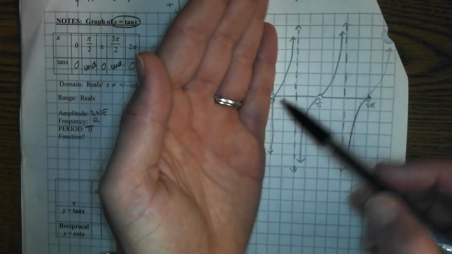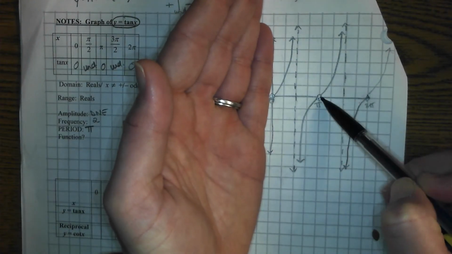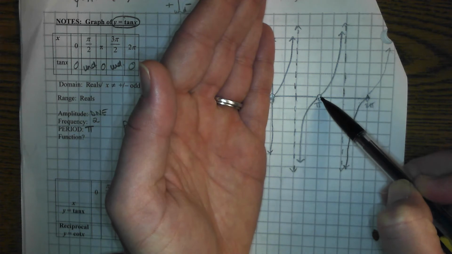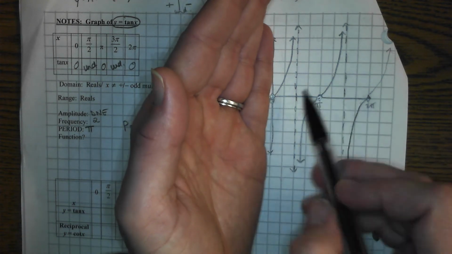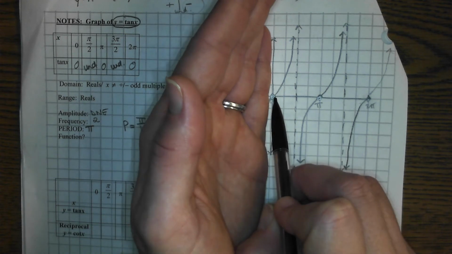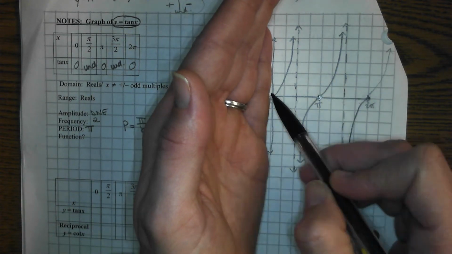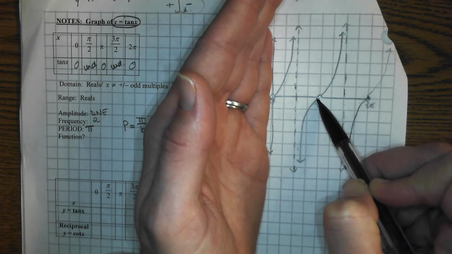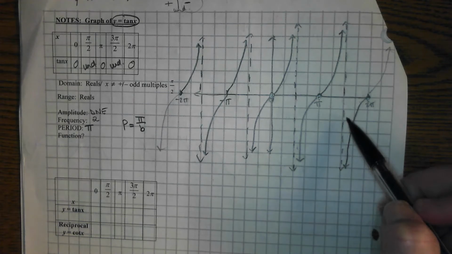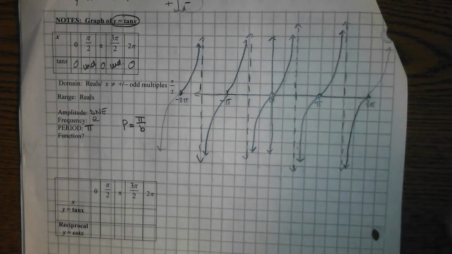It takes from 0 to pi before this is going to repeat itself, right? Because frequency is the number of cycles you get from 0 to 2 pi. And here's your first cycle that I get in by pi. So we should put that in.